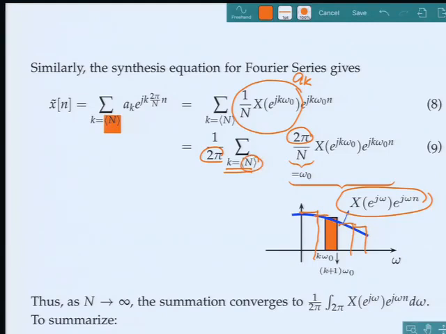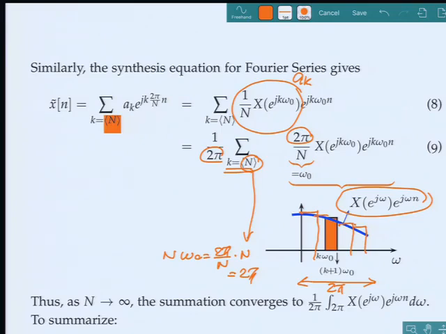So that means what we converge to is an integral over a period of 2 pi, not an integral from negative infinity to infinity that we got in continuous time synthesis equations. Okay? Again, the reason is we have things of width omega naught, 2 pi by n. And we have n of them. So when you multiply n and omega naught, you get 2 pi. Right? So the integration you're doing is over a fixed period. It's from 0 to 2 pi if you want. Okay? So that's another difference.